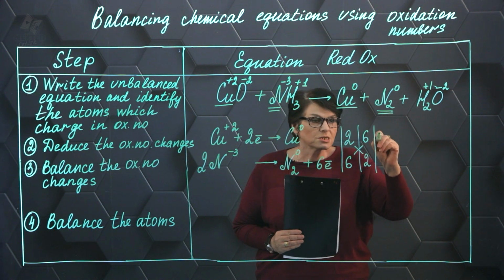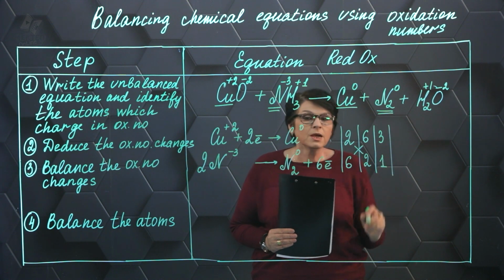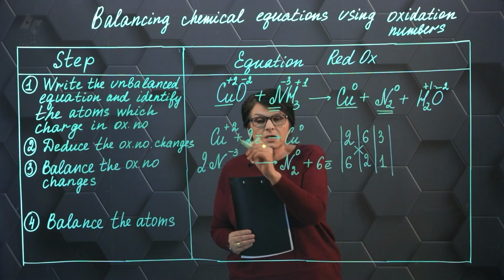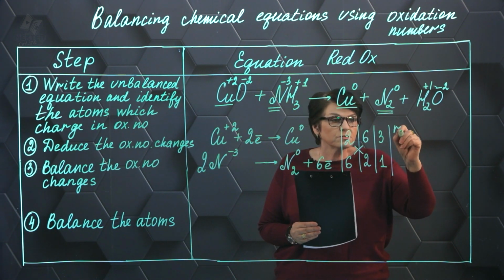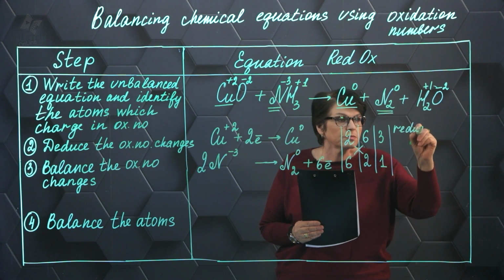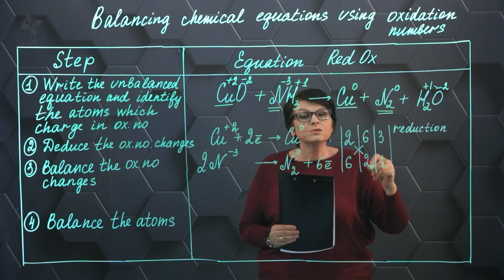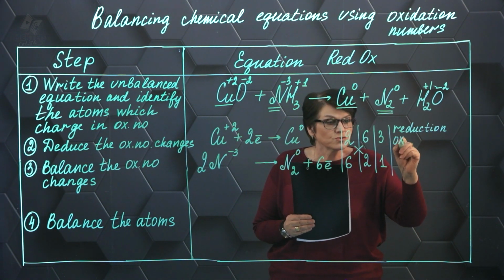Then we'll shorten it and we'll have 3 and 1. Let us then recall what such processes are called. The process in which an element accepts electrons is called reduction. And the element that's involved here is called the oxidizer, which means I'll make a short note here.